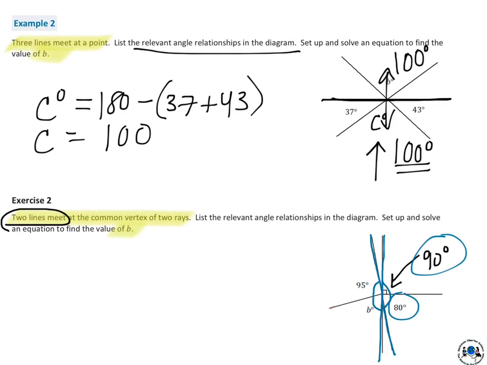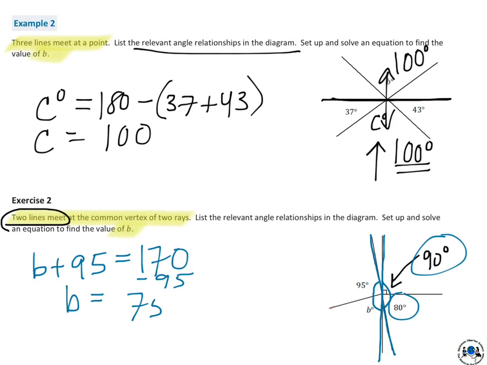So what I know then, therefore, is that B plus 95 equals 170, because I've already added those two. I could have put 90 plus 80 if I wanted to, but I didn't want to. So we have that, and we can go ahead and solve from there. So then we have B equals, and again I'm subtracting 95 away on this side, and what is that? That is 75.